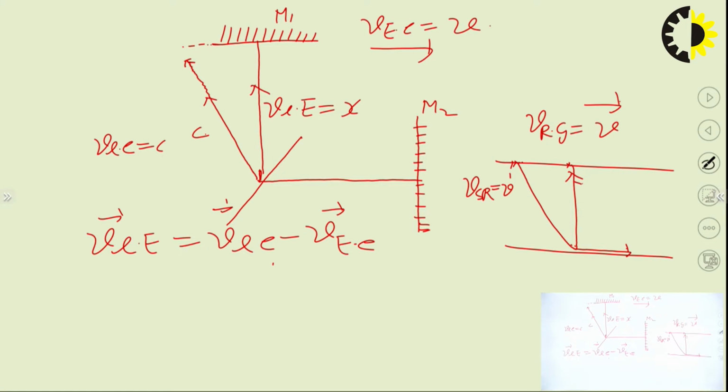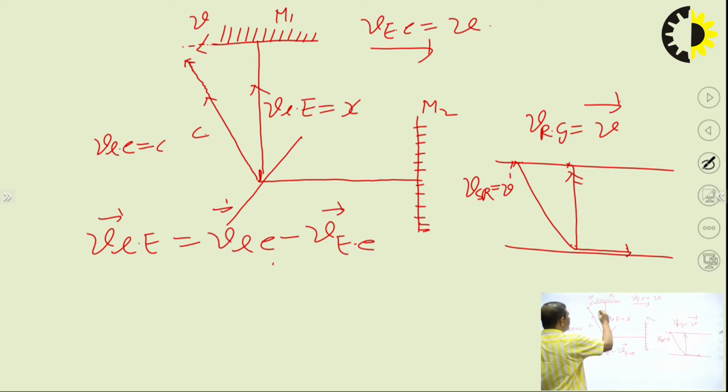The velocity of Earth with respect to ether is in the positive direction, from left to right. So in the right to left direction, its value will be minus v. So this is equal to v.